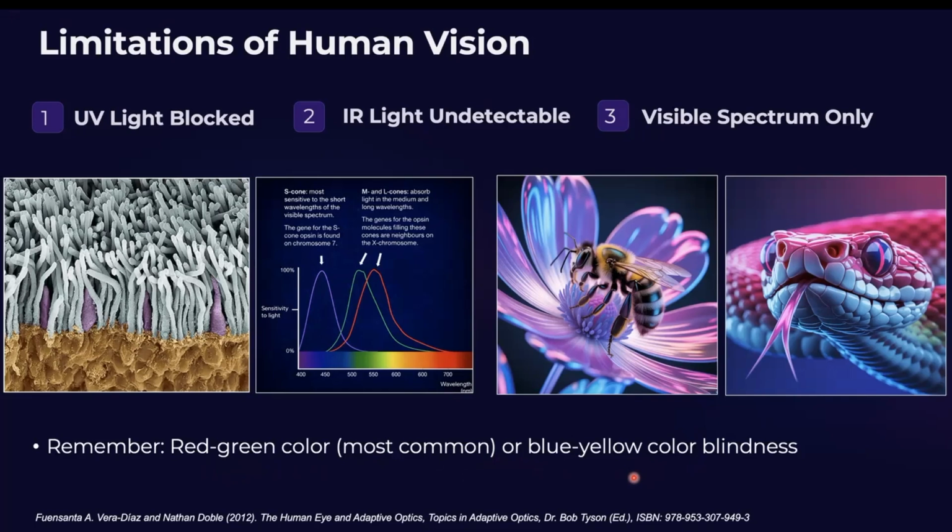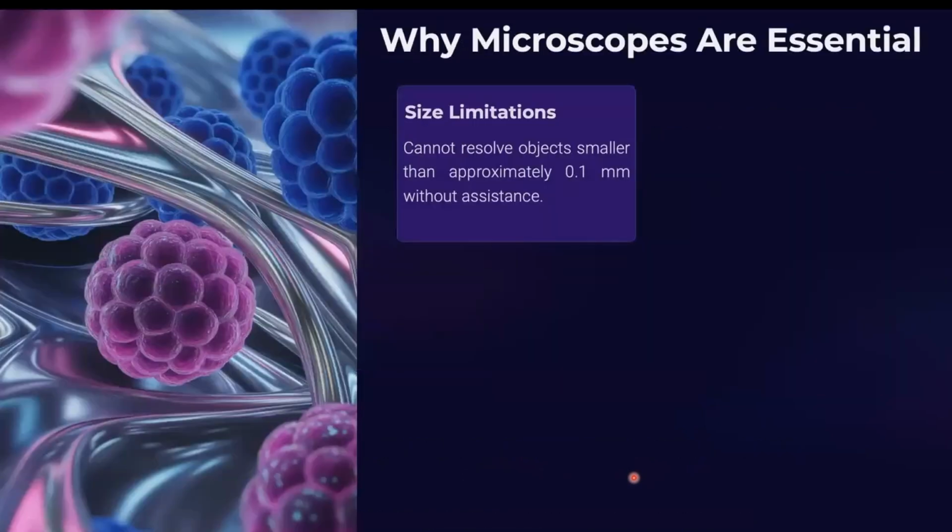Then why do we need a microscope? The first reason is the limitation of the size that we can see. When I say resolve or resolution, it means our ability to distinguish two objects or details within an object which are closely placed. And human eye can see, without any external aid, about 100 micrometers. That is roughly the diameter of a human hair.